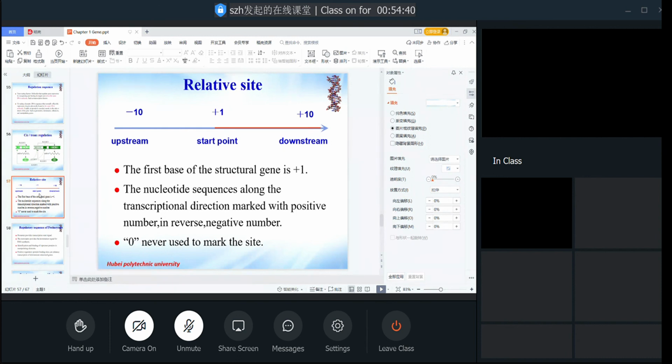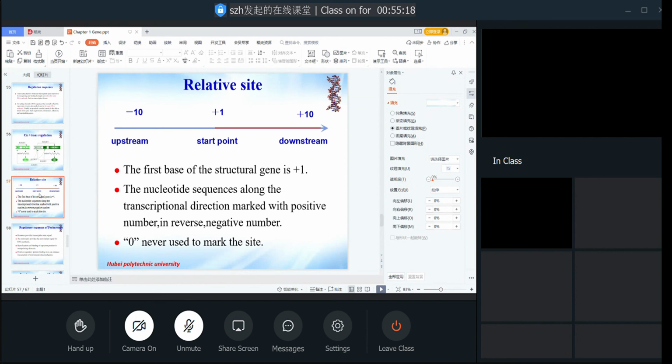The upstream sequence, we mark with negative numbers: negative 1, negative 2, negative 10. So for these two directions, upstream and downstream, we use positive and negative numbers to mark the location. Here, my students remember and understand, there is no zero label used to mark the site in the terms.